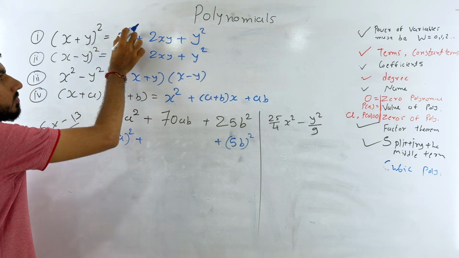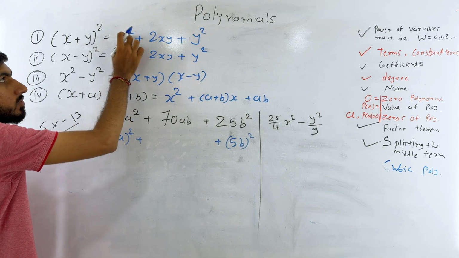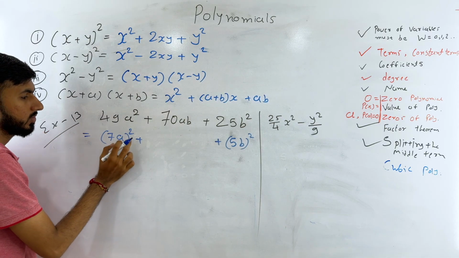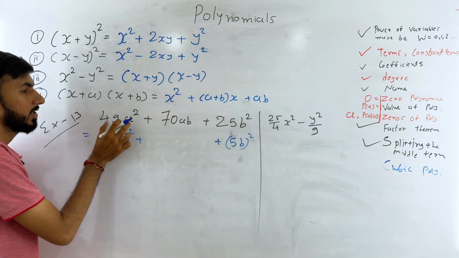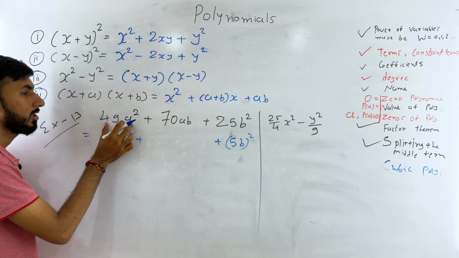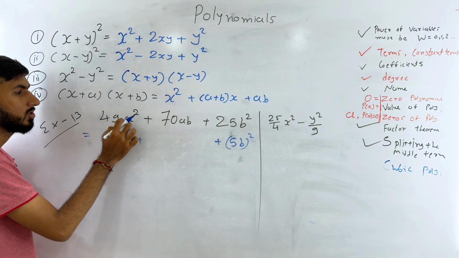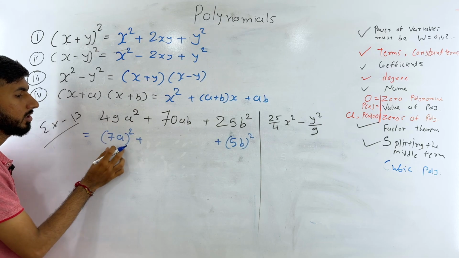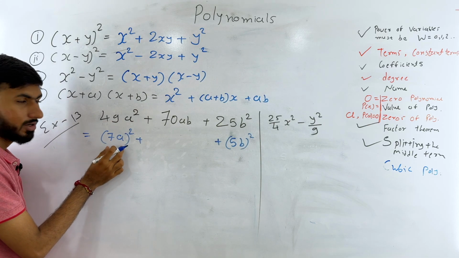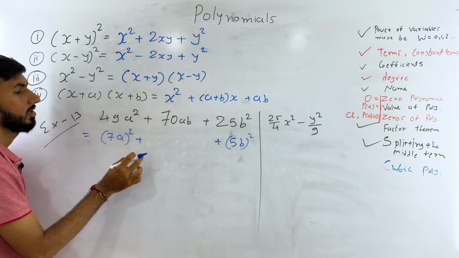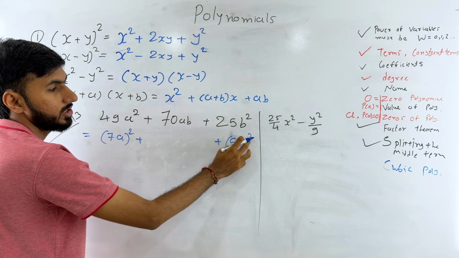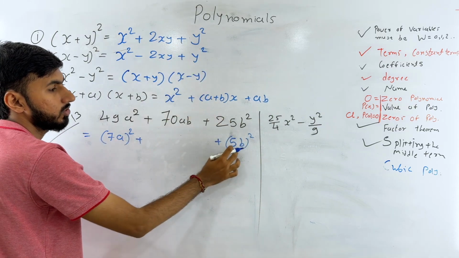So x square means whole square of the first term. If I write 49a square, this is not the whole square of the first term, it is just a square of a, but I have converted it into the whole square of the first term.